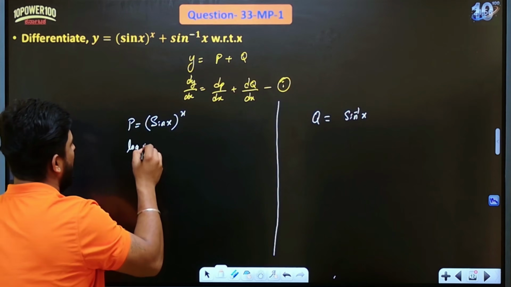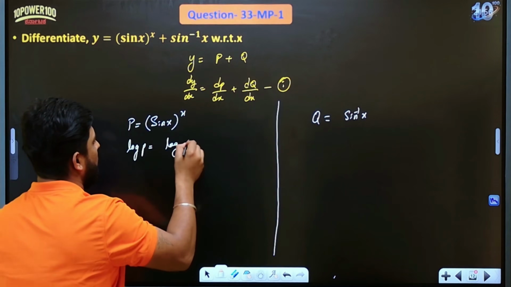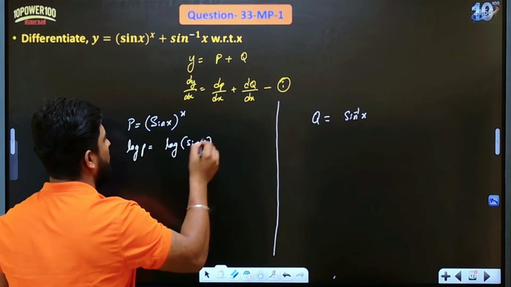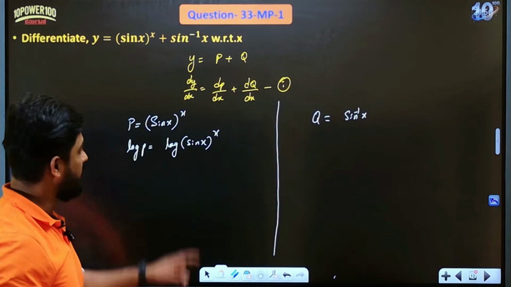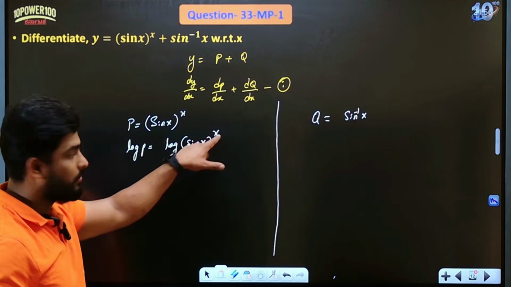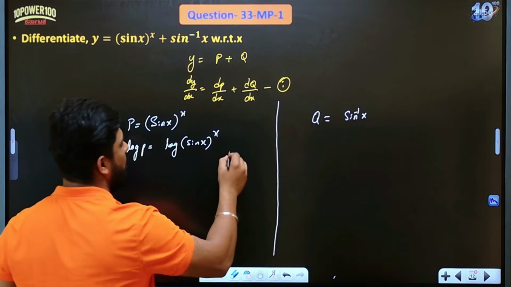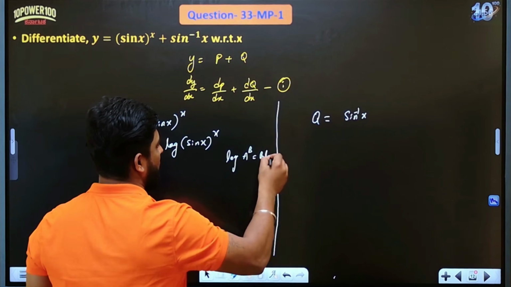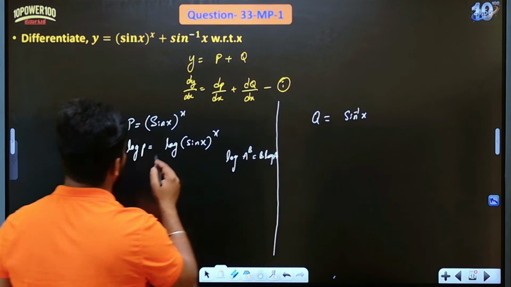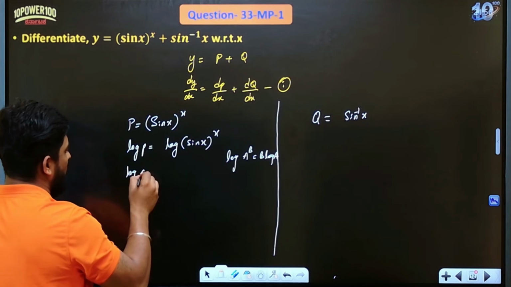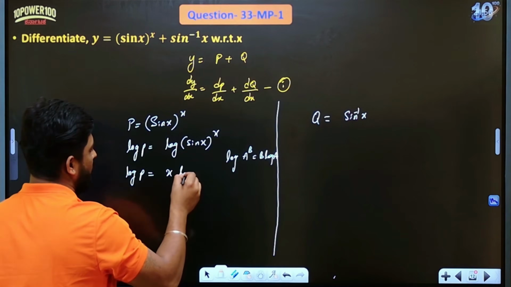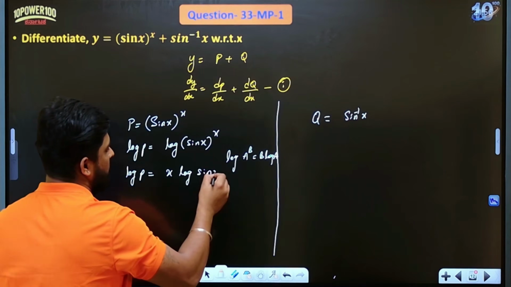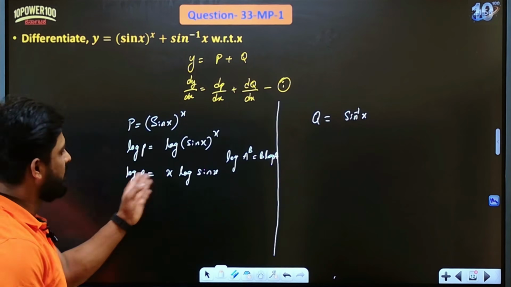So log p is equal to log (sin x) whole to the power x. You know log a to the power b is b log a. So log p is equal to x log sin x. Now differentiate with respect to x.